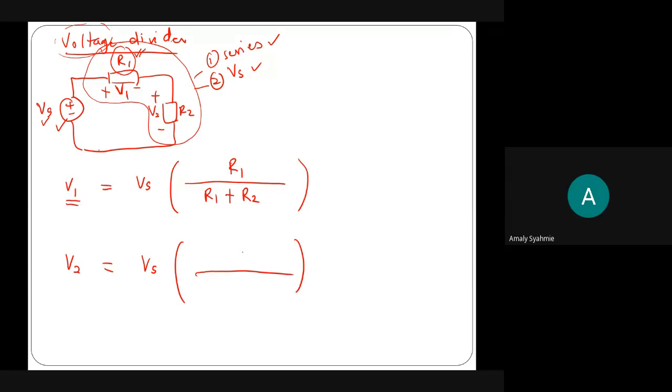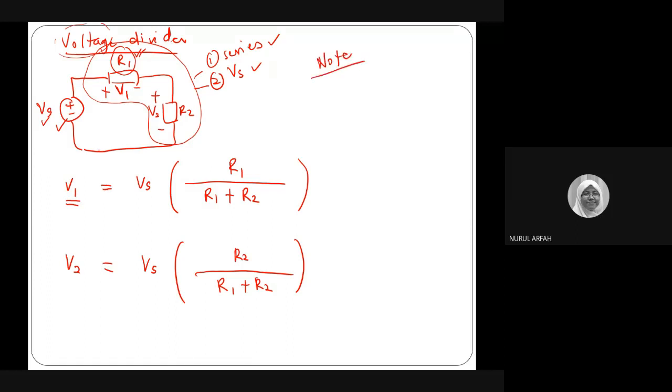R2 over R1 plus R2. Why R2? Because it's V2, and V2 is the voltage drop across that resistor. So you have R2 and divide by all in series with R2, R1 plus R2.